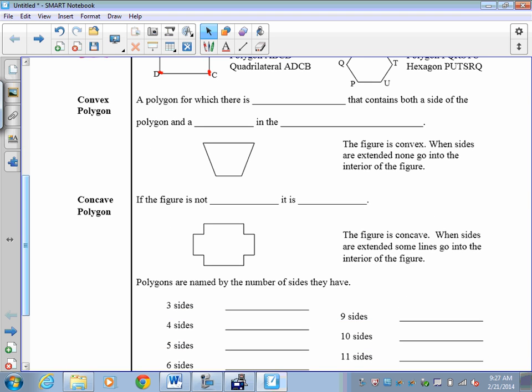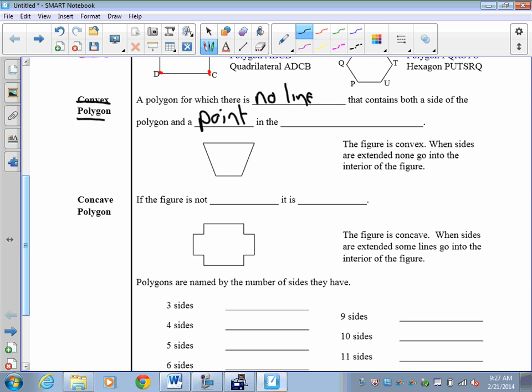A convex polygon is a polygon for which there is no line that contains both a side of the polygon and a point in the interior of the polygon.